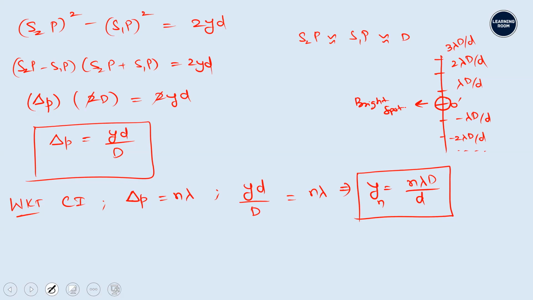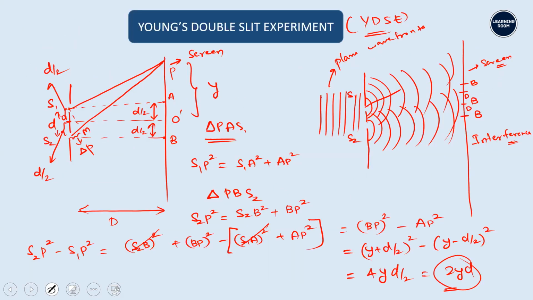It is because from S1 and S2, if you see the diagram, this point O dash is at the same distance from S1 and from S2. Means if you look at the diagram, it will be this way, such that this distance and this distance are the same. So path difference is 0. So point to be noted, the central spot is always a bright spot.